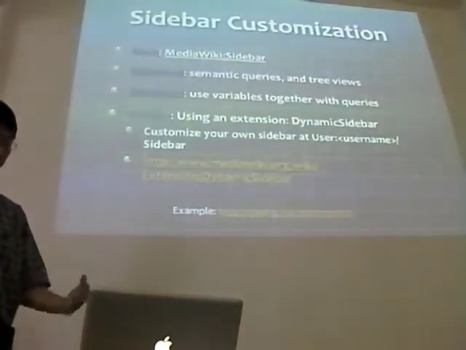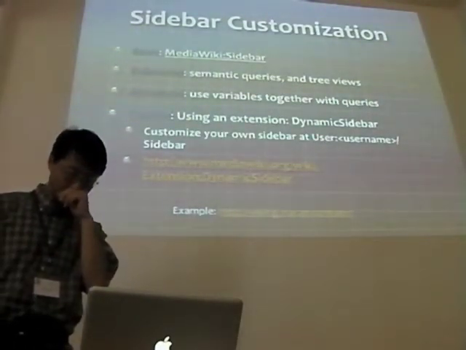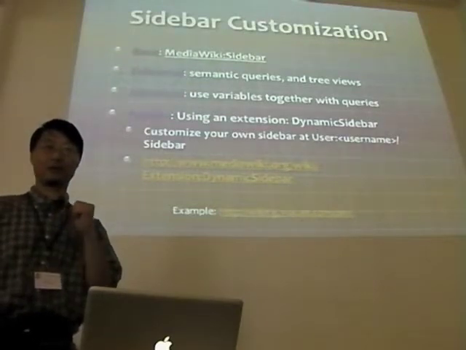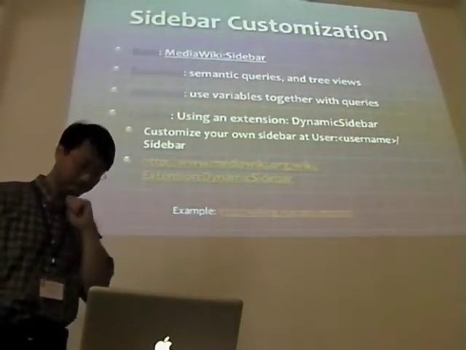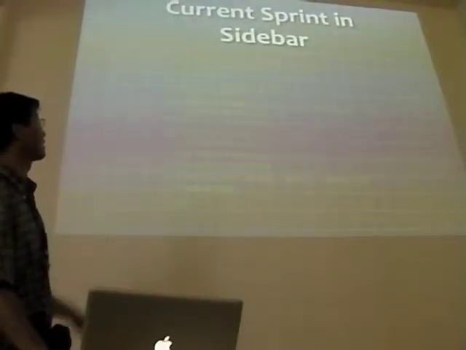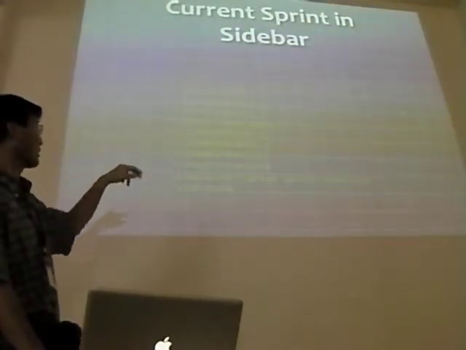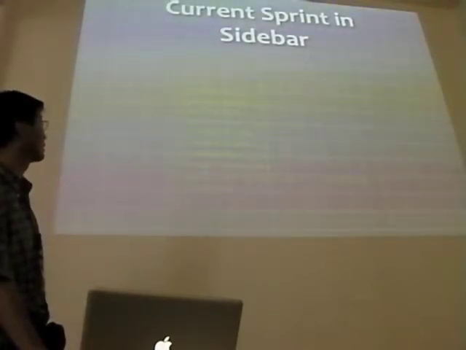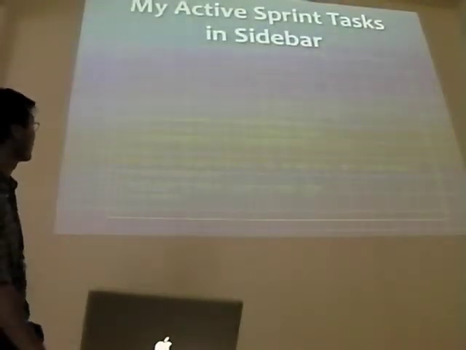The customized sidebar is really, really useful in my opinion because it gives you the feeling of a personalized wiki. And you see this is how we customize the current sprint in the sidebar. We use the magic word here, the current month and stuff. And we have the current user over there as well, so that it will feel customized.